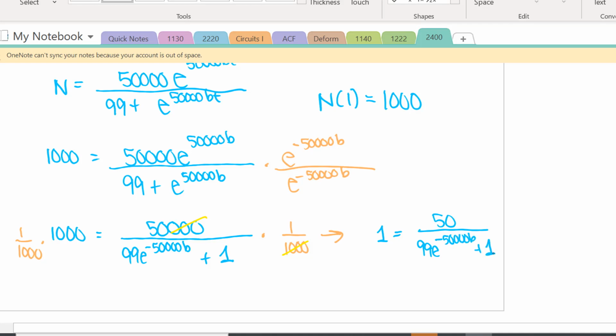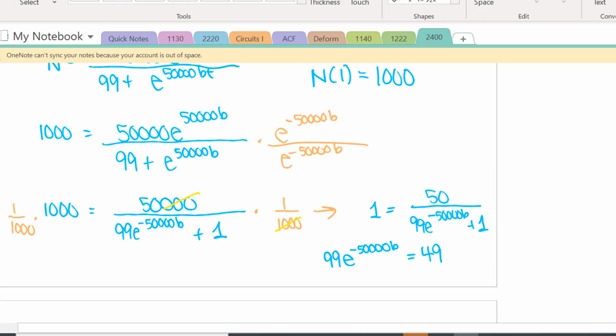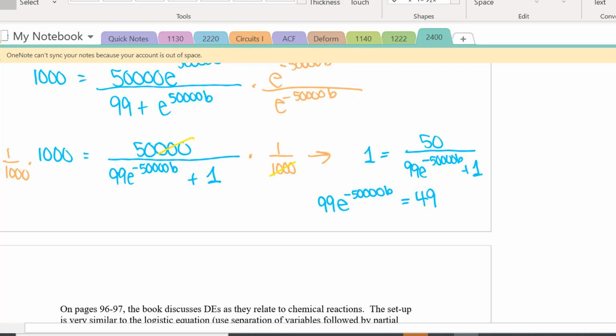I'd multiply both sides by the denominator, so I would just get the denominator equals 50, and then I'd subtract 1 from both sides. I would divide both sides by 99 and then take the natural log.